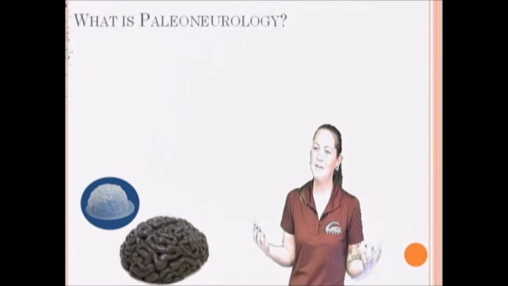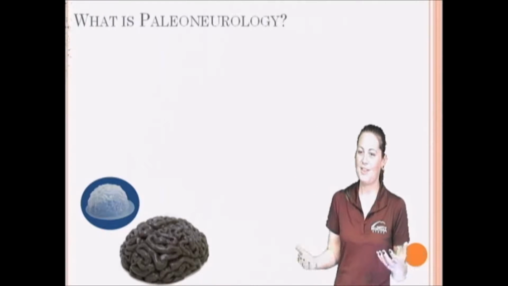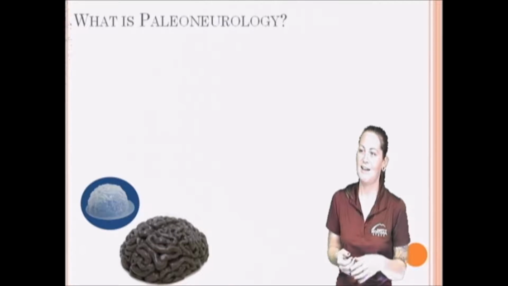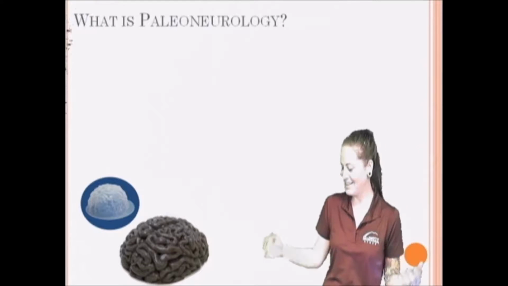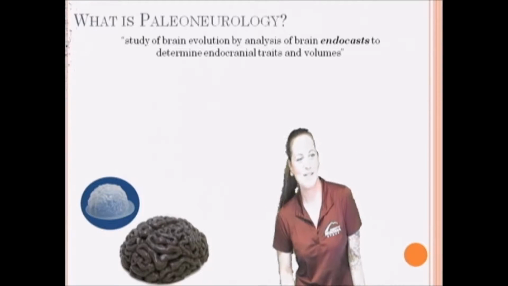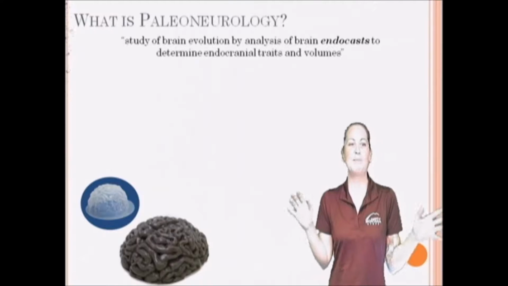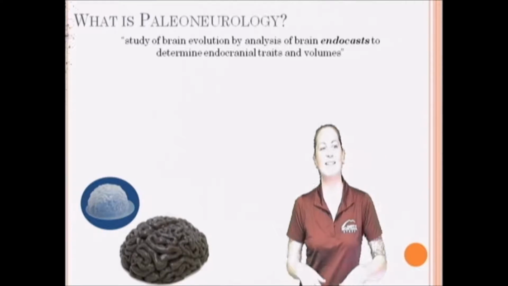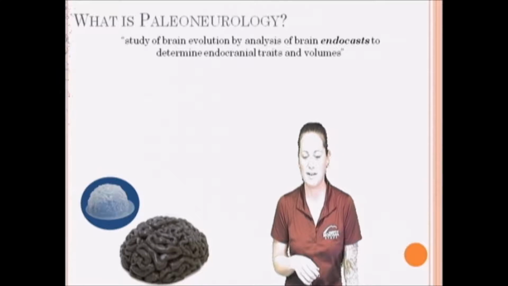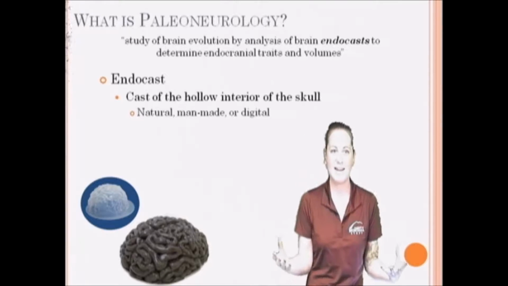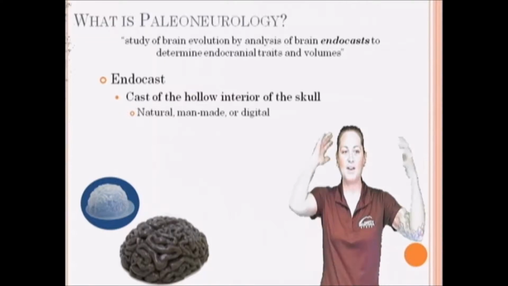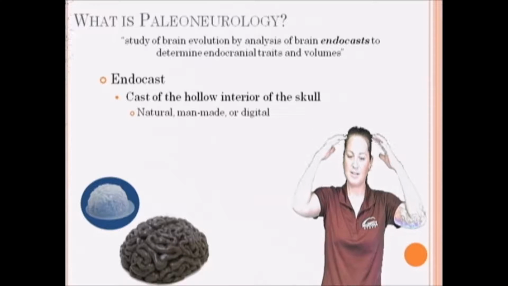So what is paleoneurology? What do you think this is the study of? Brains, yes, brains from the fossil record. It's the study of brain evolution by analysis of brain endocasts to determine endocranial traits and volume. An endocast is the cast of the hollow portion of the skull.